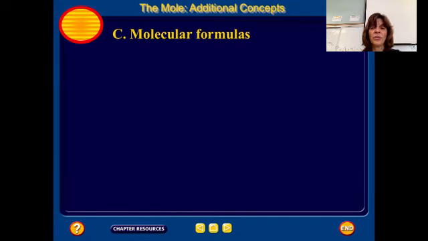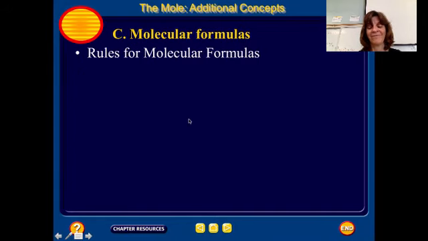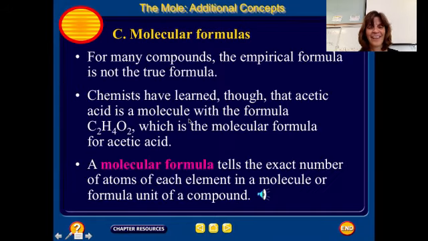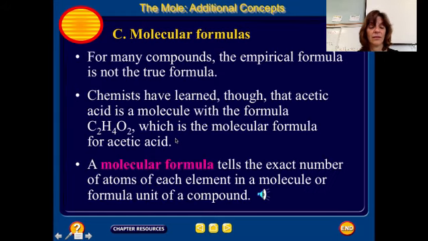So if we wanted to look for the empirical formula, the empirical formula would be... sorry folks, I'm hitting the wrong button.